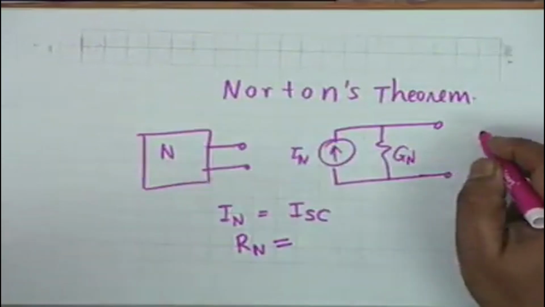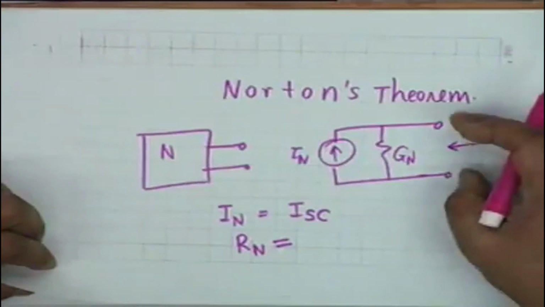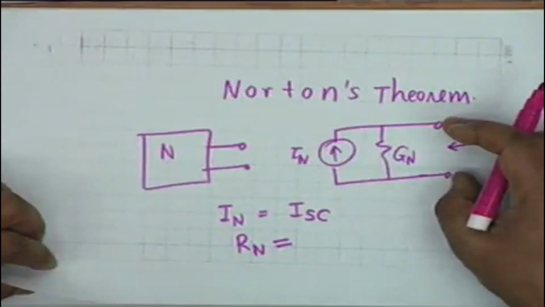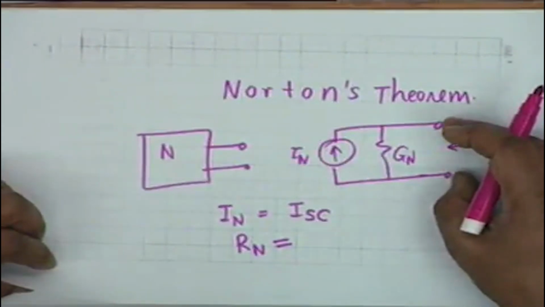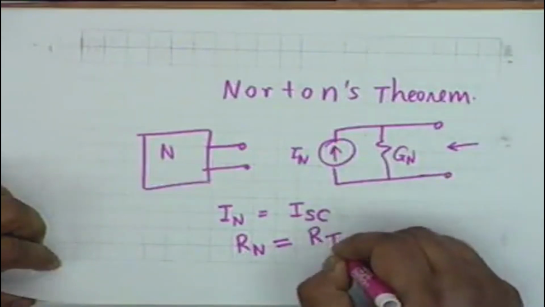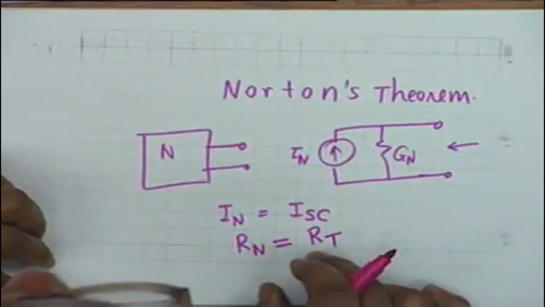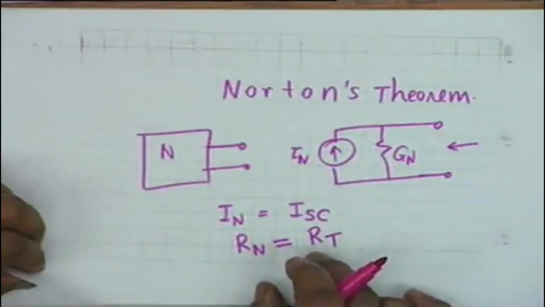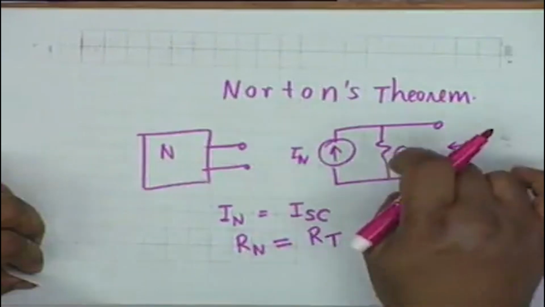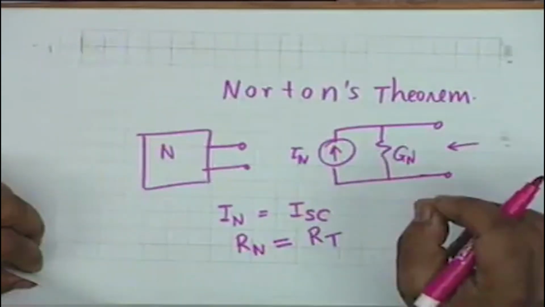If you measure the resistance looking from here, what resistance would you see? 1 upon GN, and therefore RN is simply equal to RT. Is this clear to you? The Norton resistance is the same as the Thevenin resistance.